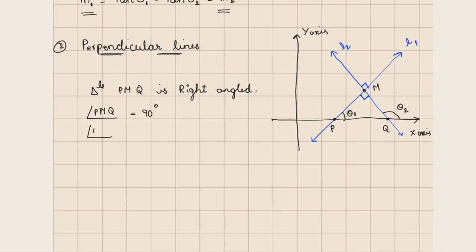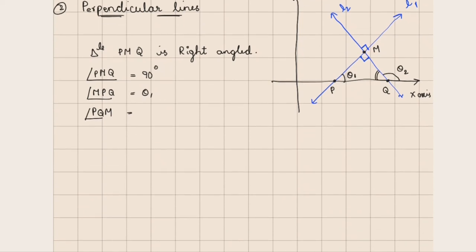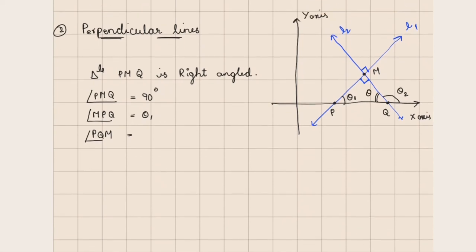Angle MPQ is theta 1. What will be the angle PQM? This angle, let's say this is some theta, which is equal to 180 minus theta 2.